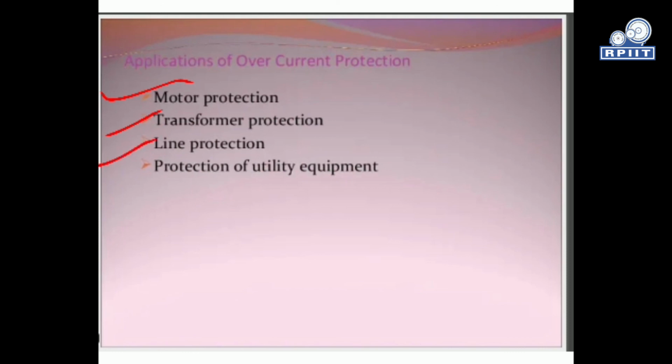Line protection, the example of the last slide, the RYB transmission line, we can take. Line protection we can provide with this overcurrent protection. And last but not least, protection of utility equipment. Finally, if a fault occurs on the transmission line, we will definitely protect our household equipment by using this kind of overcurrent protection scheme.